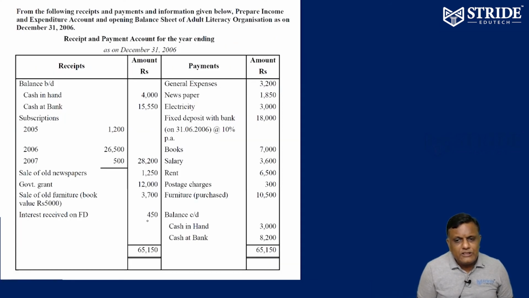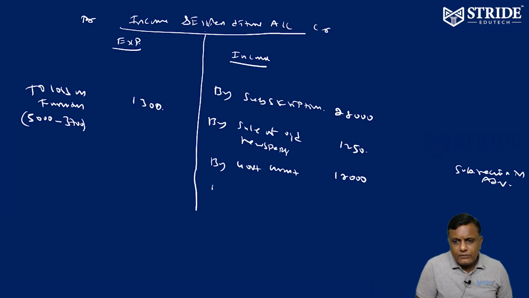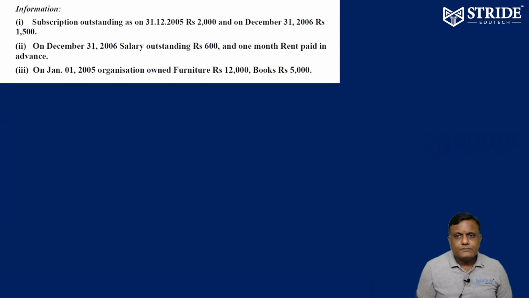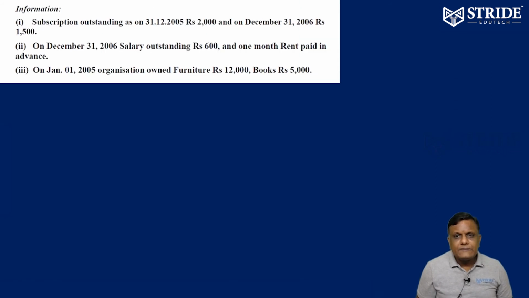Interest on FD, how much income? 450. Is there any interest adjustment? No. So interest 450 received. Next, general expenses 3,200. Is there any adjustment for general expenses?